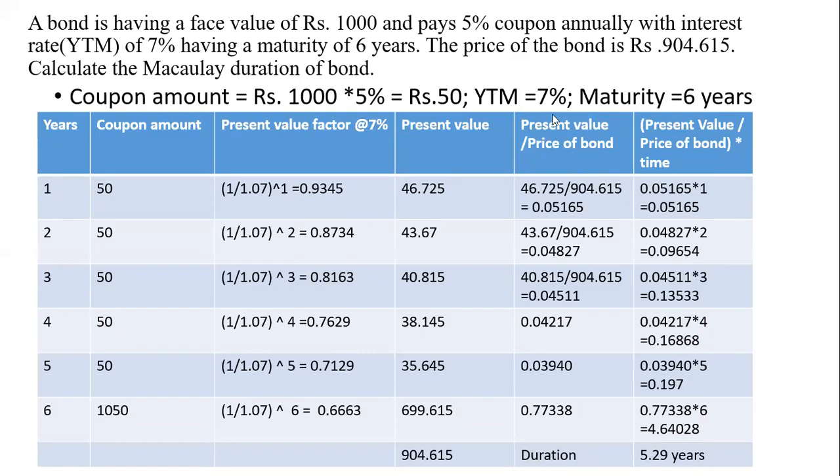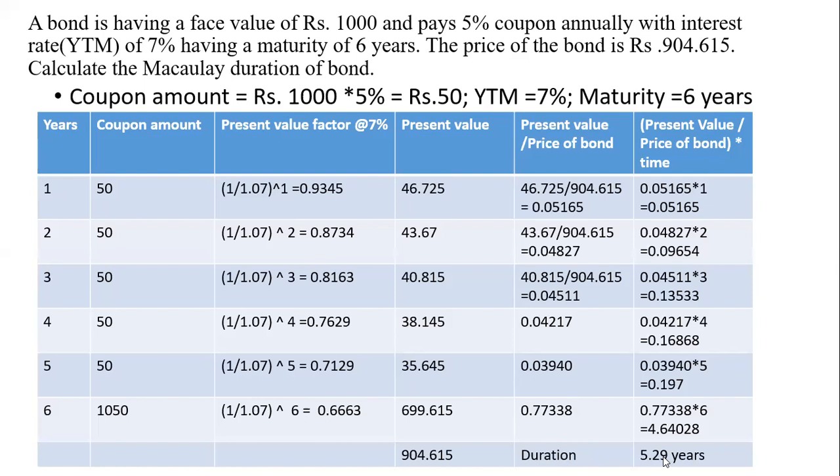When you multiply proportion or weight with the time in years, the resulting figure is proportion of bond value multiplied with the time in years, time relative. Last column is time relative. You will get the aggregate of last column. Total of last column is 5.29 years.